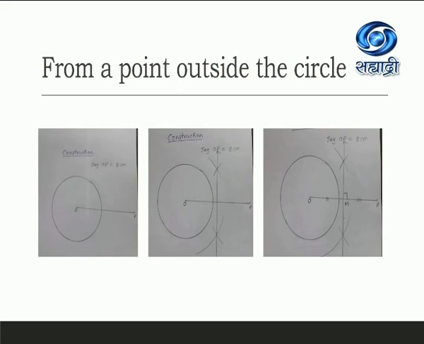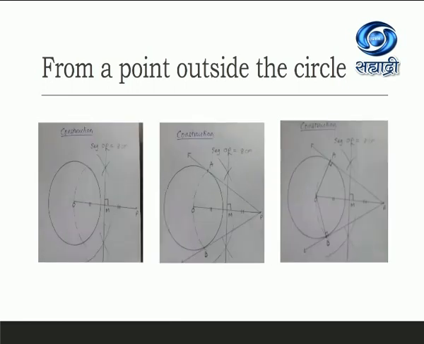The point where it cuts OP has been named M. The perpendicular sign and the equal-to sign show that the sides are equal. Then taking OM as the radius, draw a circle; that circle cuts the original circle at 2 points, A and B. Join AP, join BP, you will get 2 tangents, and lastly join OA and OB.